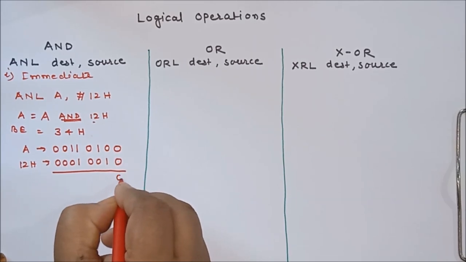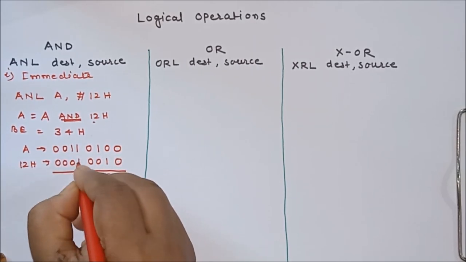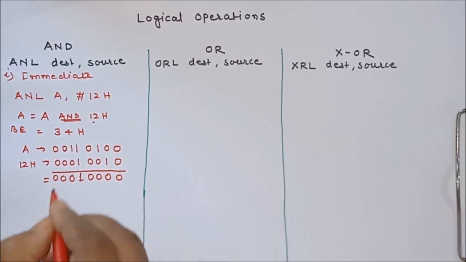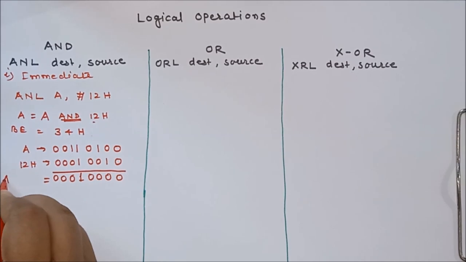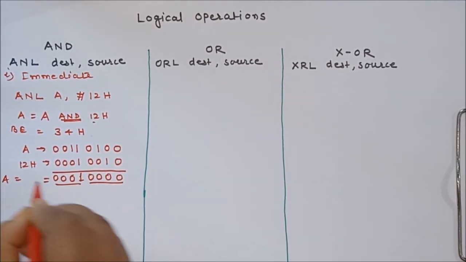So 0 ANDed with 0 gives 0, and we get 0 0 0. 1 ANDed with 1 gives 1, then 0 0 0. This result will be stored in the accumulator. If we convert into hex, we get 10H.